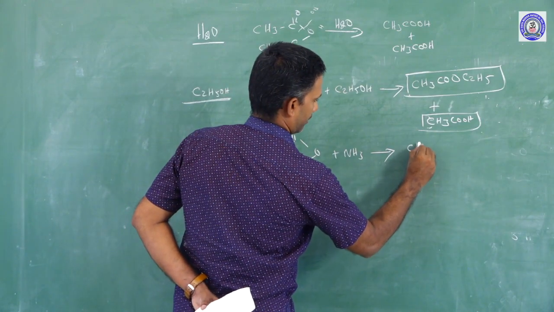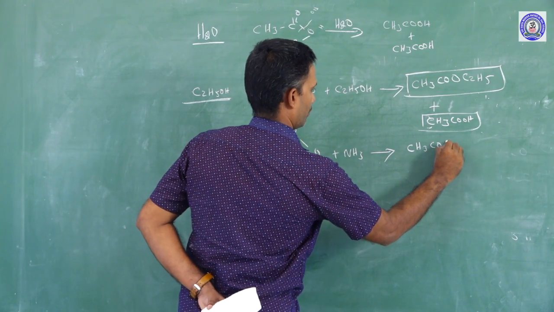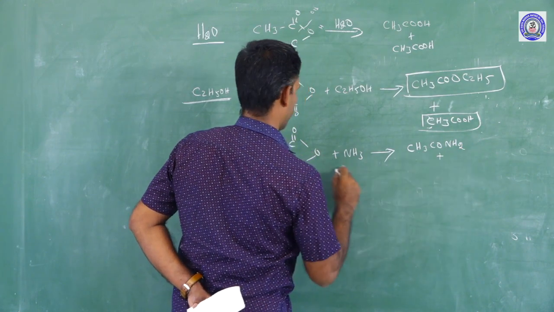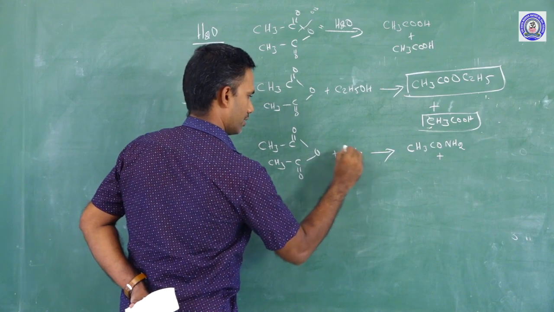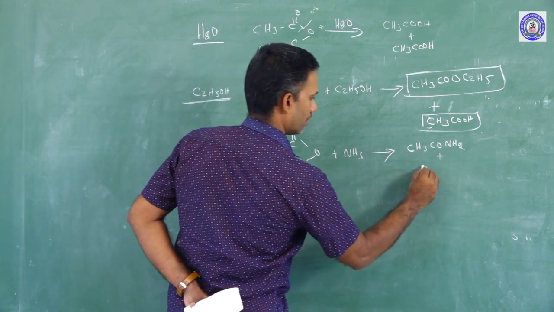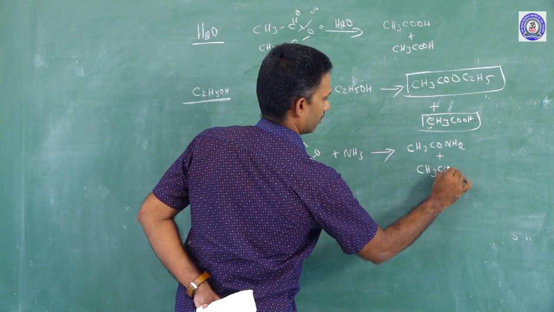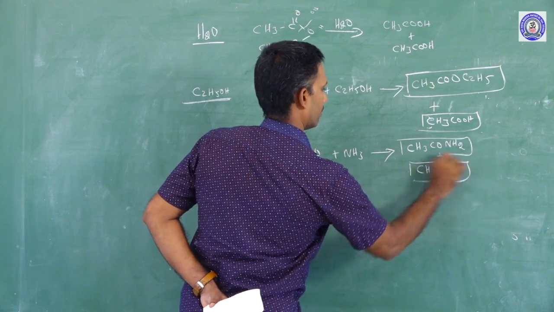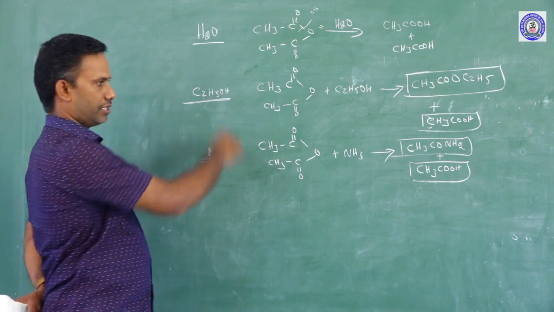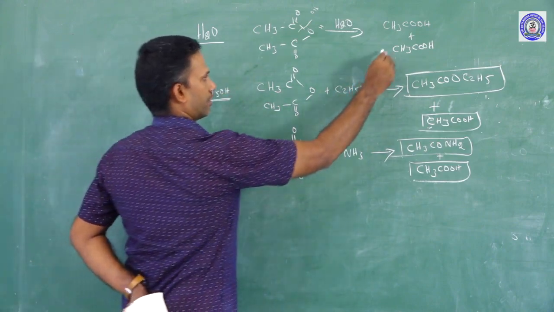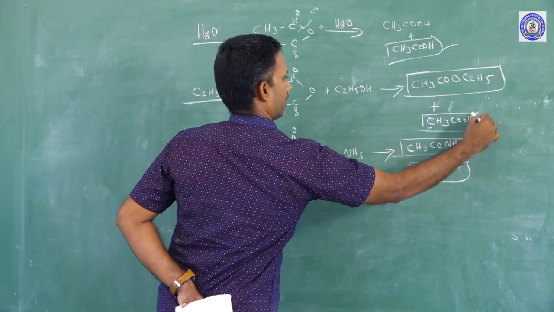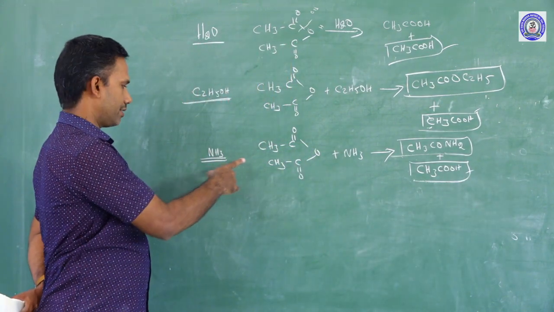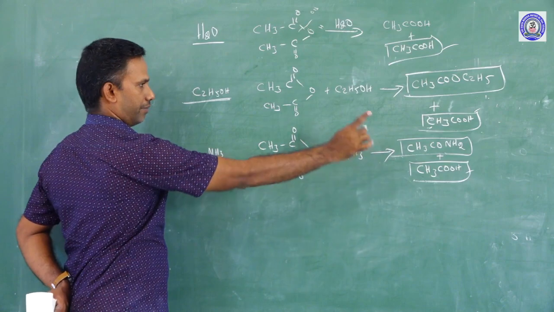You get amide, CH3 CONH2, plus the remaining acid. So in all those cases, the byproduct is acid. So acid anhydride treated with ammonia gives amide.